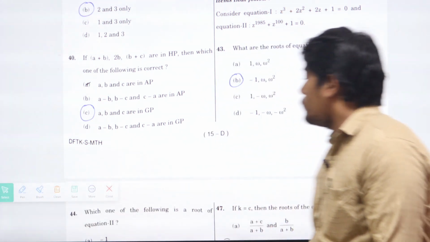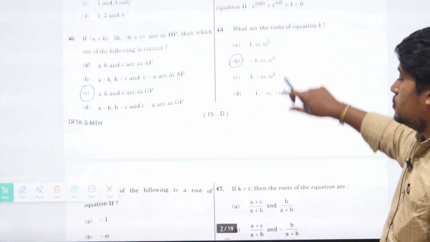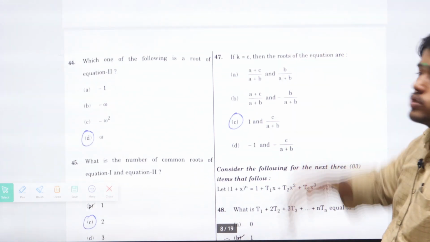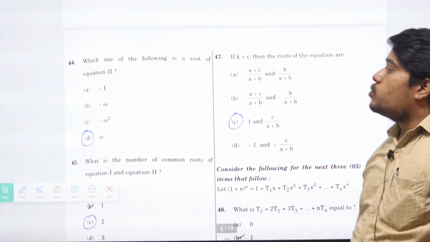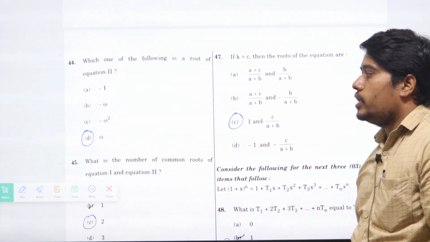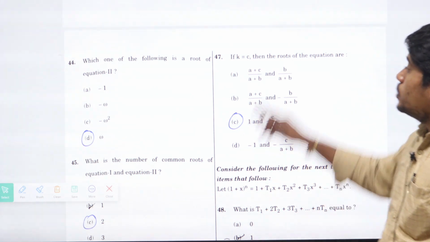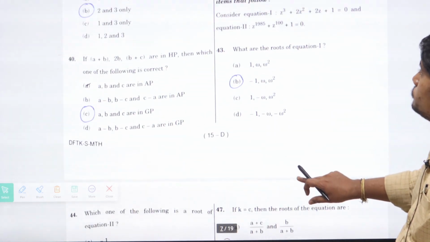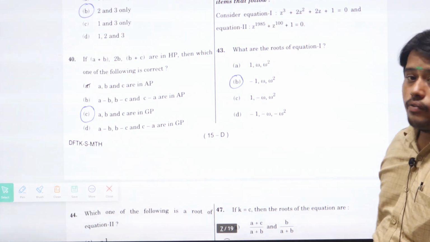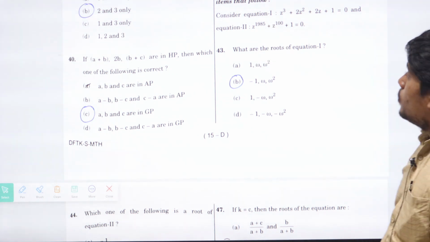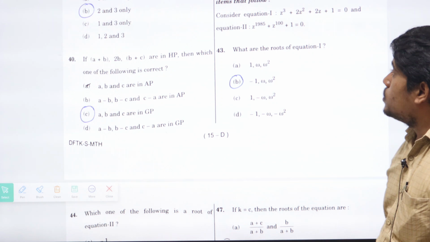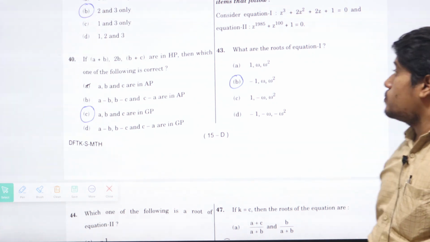Next, question number 44. Based on the same, which one of the following is a root of equation number 2? Equation number 2 is z to the power of 1985 plus z to the power of 100 plus 1 is equal to 0.